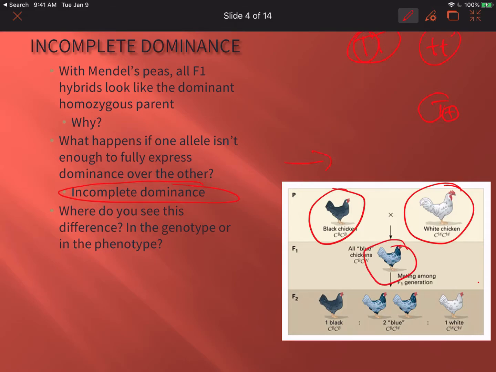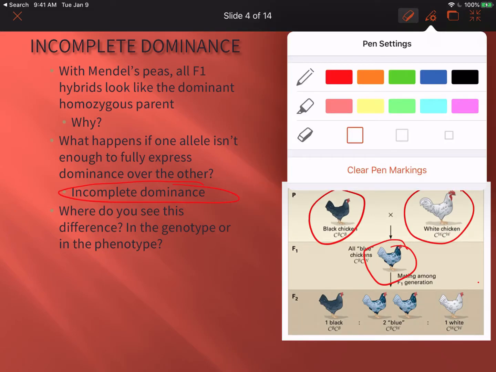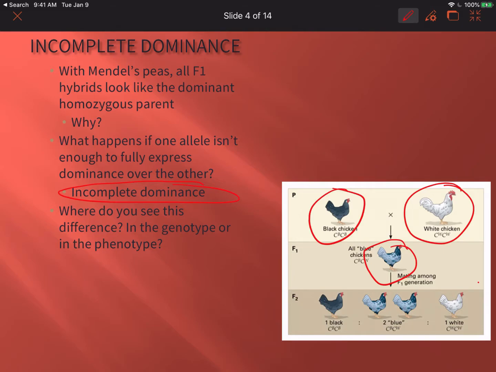All right, and so in the case of these chickens, for example, what you end up getting is what they call the blue chickens. Let's write that out so that you guys can understand how we arrived at that. Basically, what happens when you cross a purebred black chicken with a purebred white chicken.